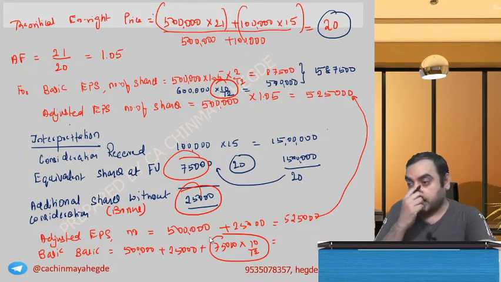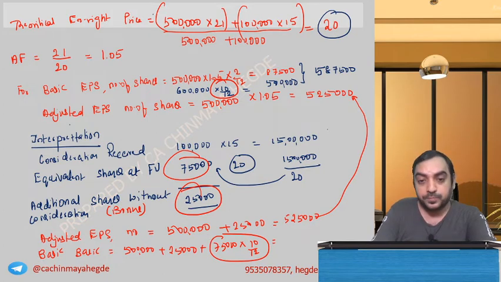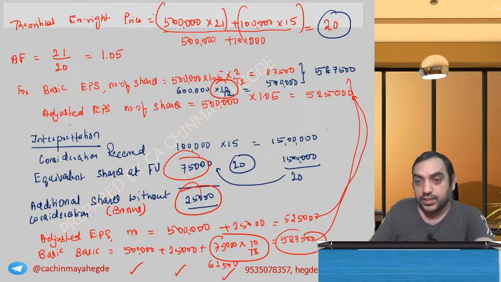How much does that come to? 62,500. And adding all, 5 lakh 25,000 and 62,500, we get 5 lakh 87,500. That's what this number would mean on an interpretation.